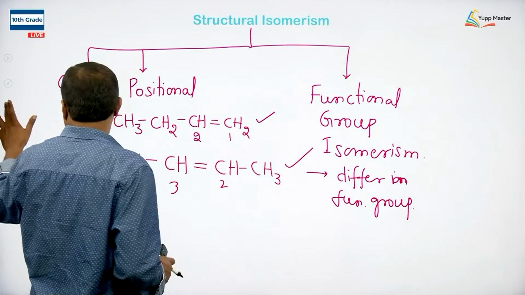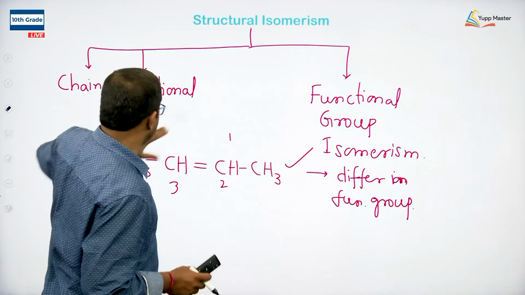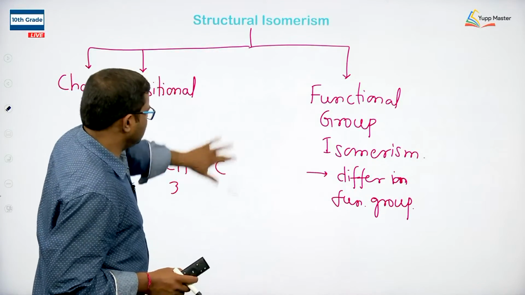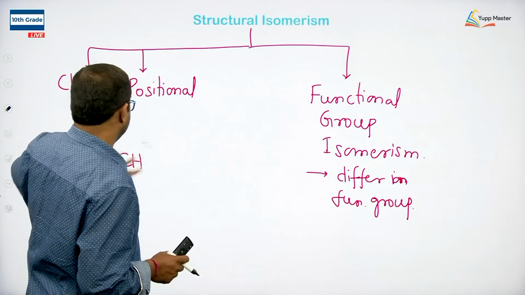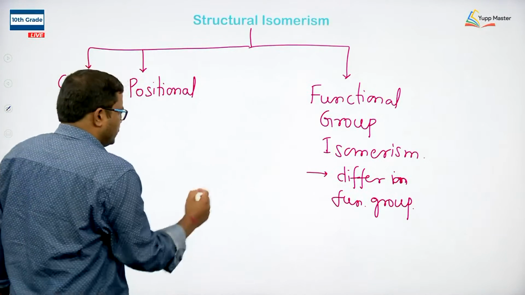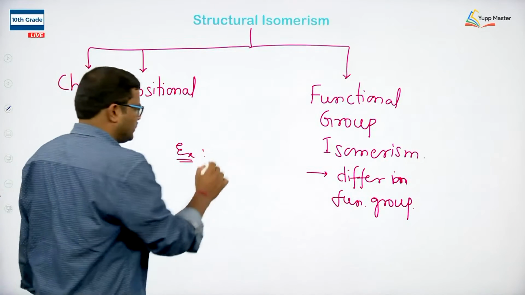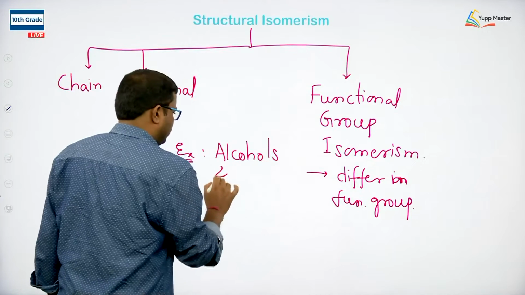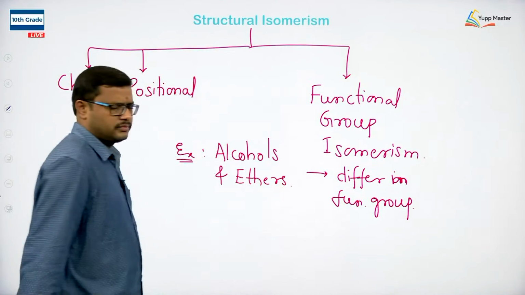For example, alcohols and ethers are the best examples which show functional group isomerism. Alcohols and ethers are functional isomers of one another.